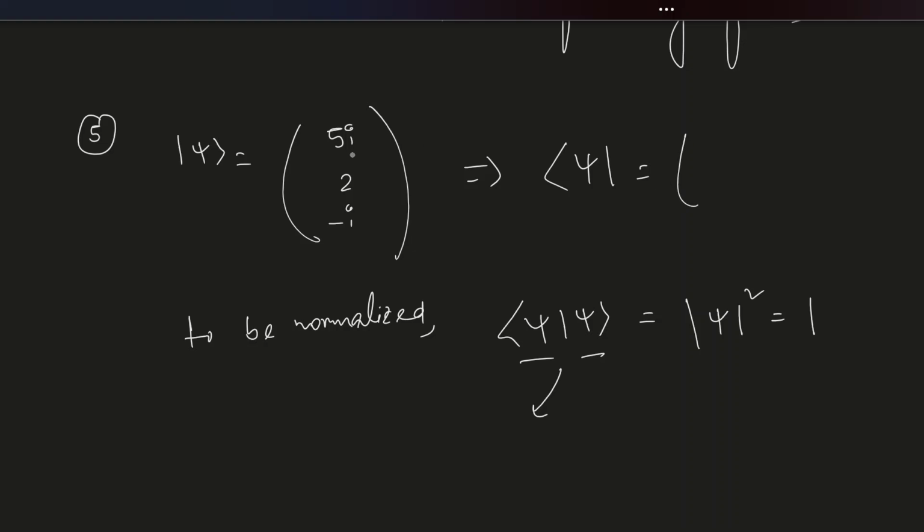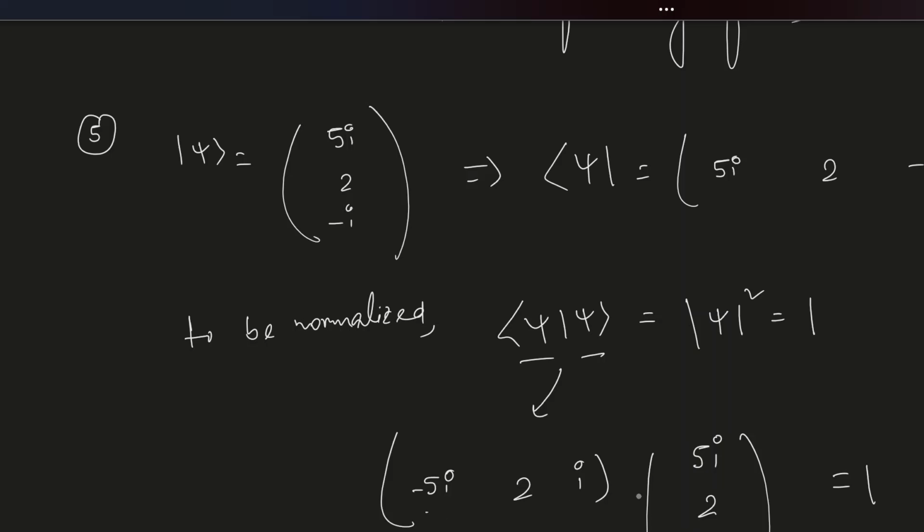Transpose means row going to column. So this is phi by 2 minus I, and the complex conjugate outside makes it minus phi by 2 plus I. Multiplying this by phi by 2 minus I, this is equal to 1.